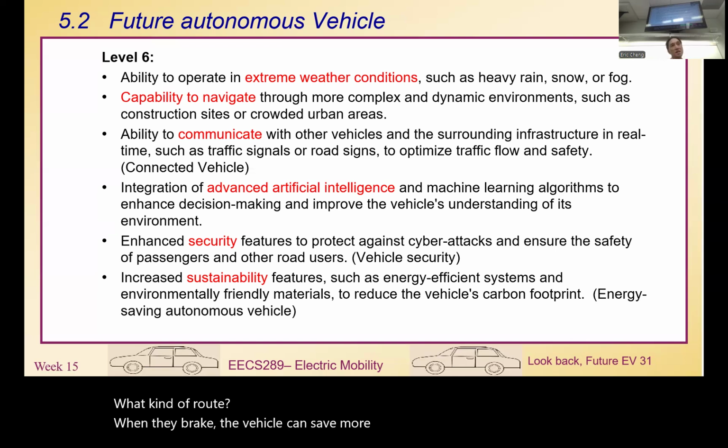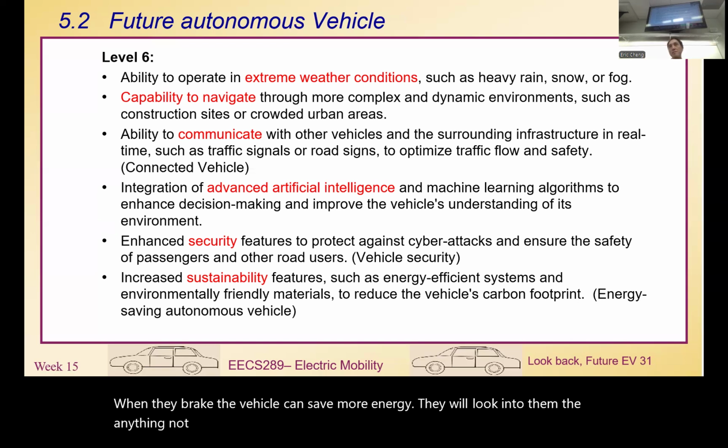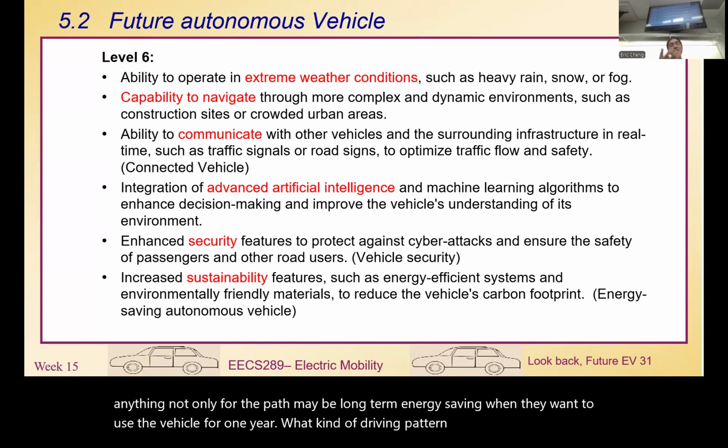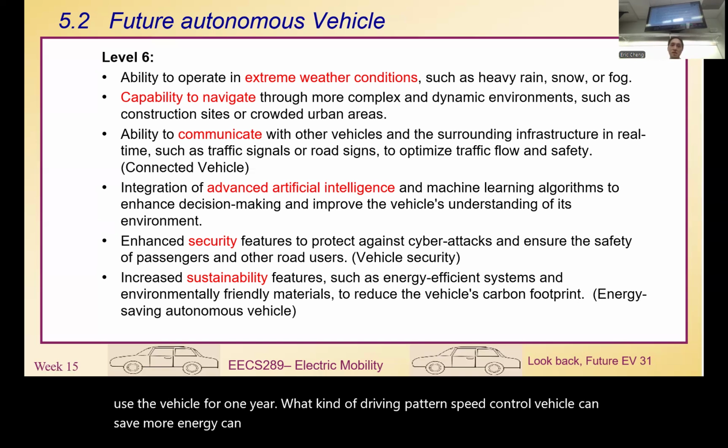The energy saving is not only for the path, but maybe long-term. When you want to use the vehicle for 1 year, what kind of driving pattern and speed control can save more energy and also extend the lifespan. So that's also more intelligent.